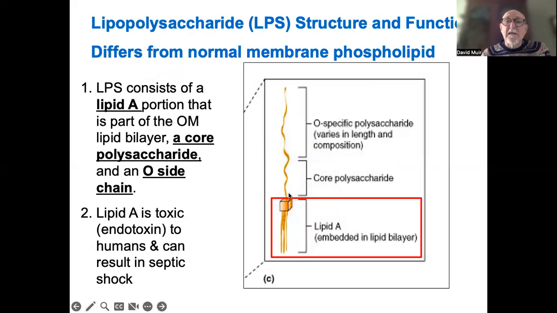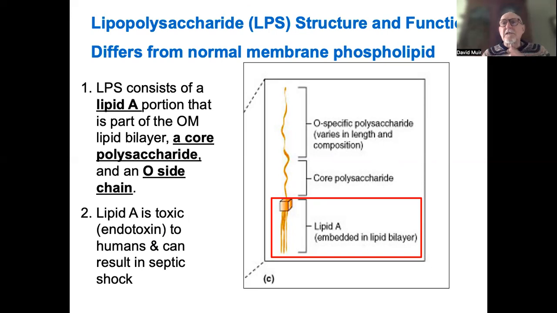Okay, so here is the thing that we're particularly interested in. And this is lipid A, which has this kind of structure with a soluble head and a hydrophobic tail. And it is referred to as being an endotoxin.